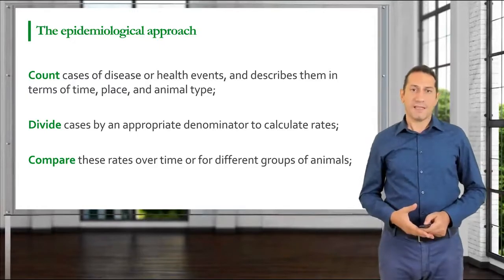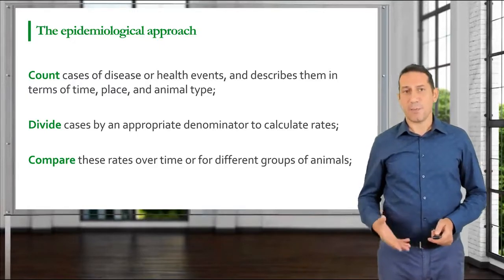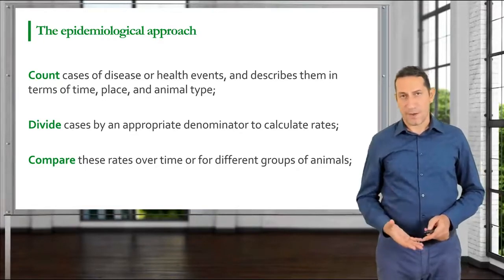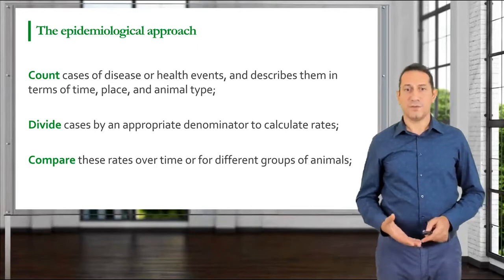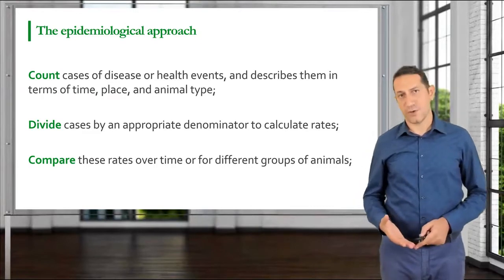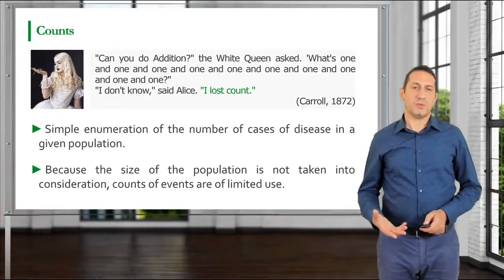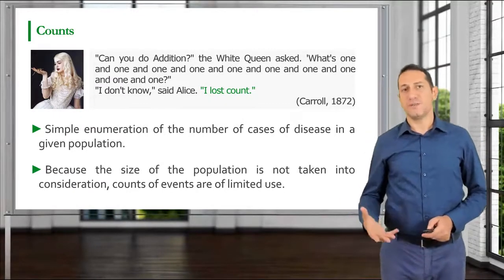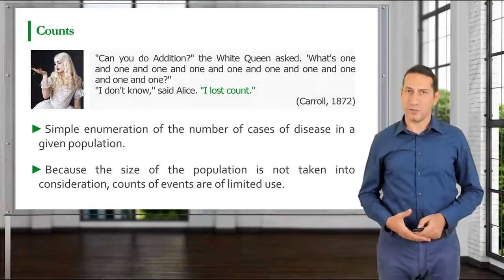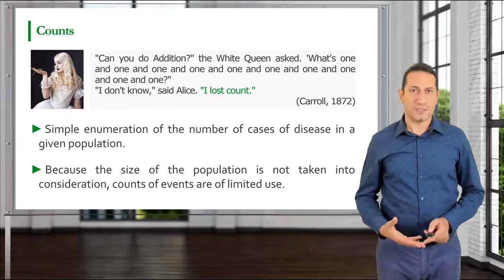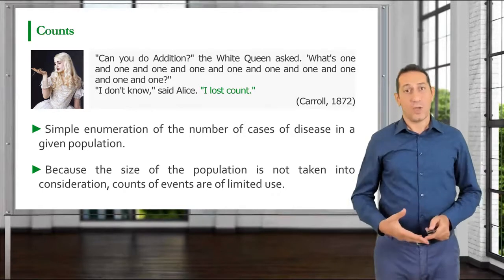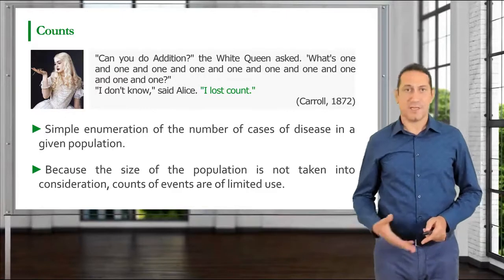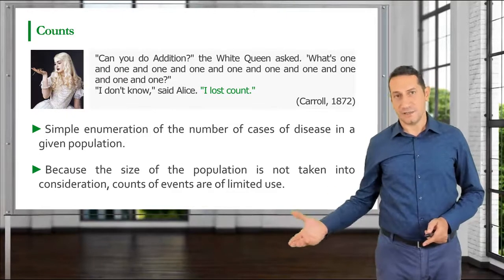And then divide the cases by an appropriate denominator to calculate specific rates, and then compare those rates with different groups of animals and to different locations. So the counts are simple enumeration of number of cases of a disease in a given population, and they are very, very important because through counting cases we make the epidemic curves, and the epidemic curves are number of cases in time.